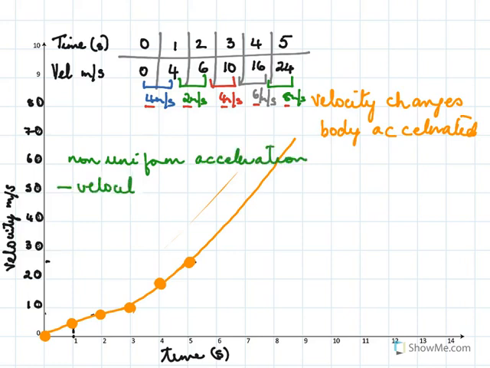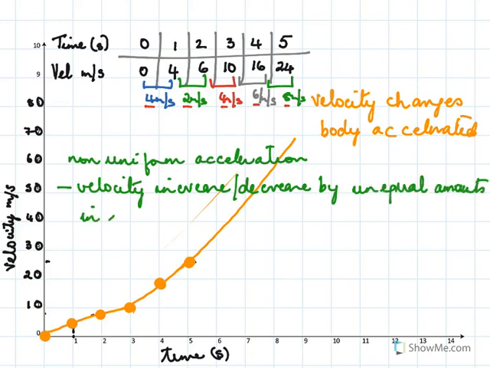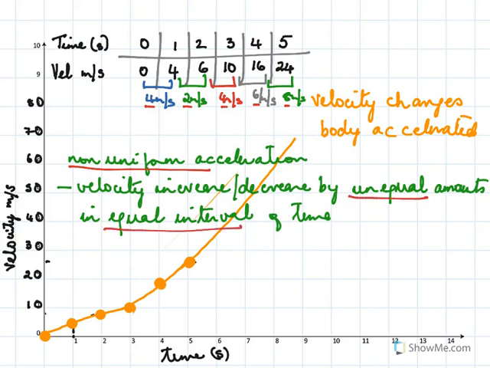It is when velocity could increase or it could also decrease by unequal amounts in equal intervals of time. That is called non-uniform acceleration.